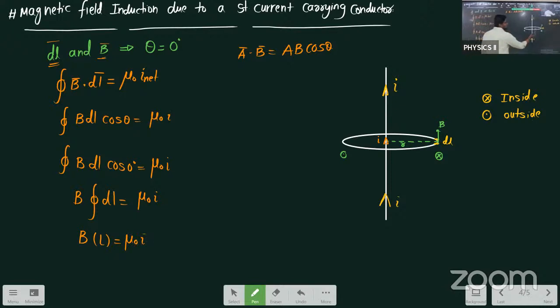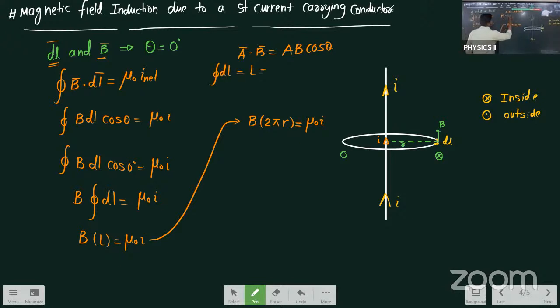The magnetic field is created around this straight current carrying wire in a circular manner. So what will be the circumference of this circle? The circumference of this circle will be 2 pi r. So our formula will become B into 2 pi r is equal to mu naught into I. I have considered that the closed integral dl is equal to L, and L is equal to 2 pi r.